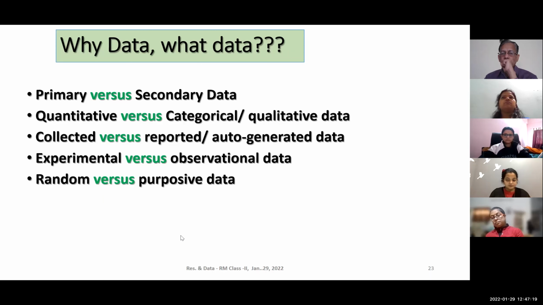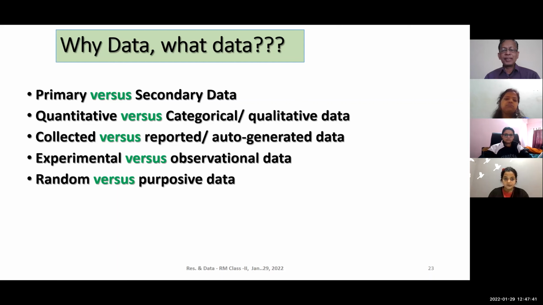The sample I've collected is not going to be biased, I have not taken them of my own accord. Everyone has an equal chance of being included in the sample, so it will be a random sample. Purposive data is when you are nitpicking. Okay, well taken. Appreciated. Any other input?